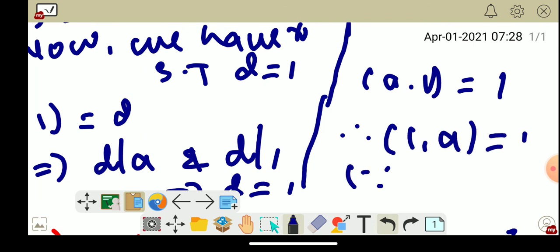GCD of AB and GCD of BA are both the same.